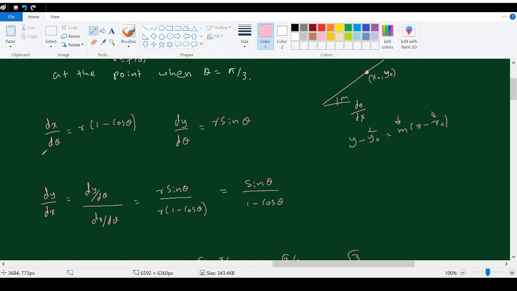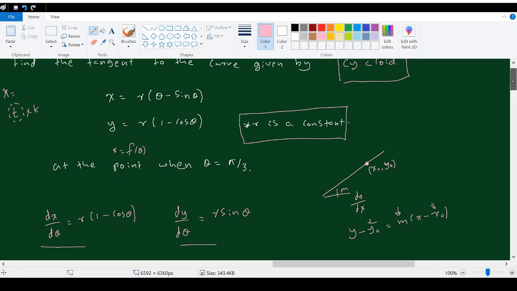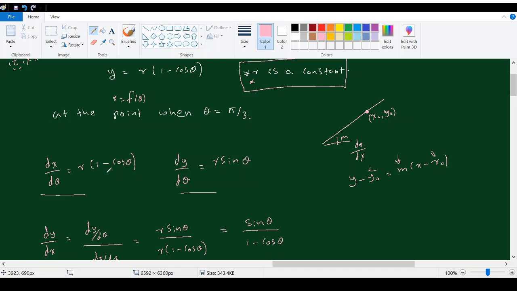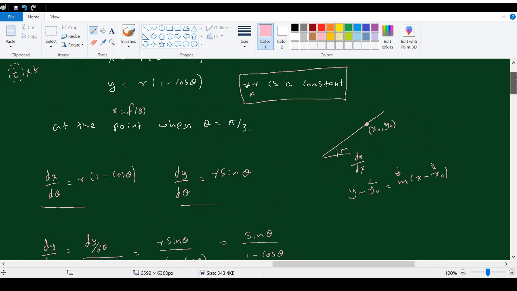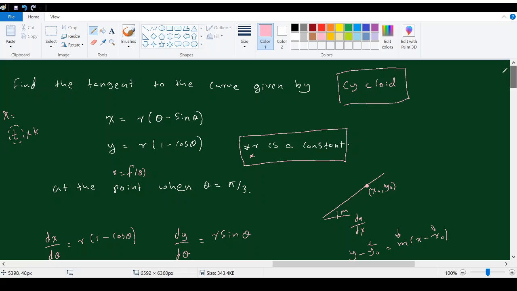You can see that the derivatives of x and y with respect to theta can be written like this because of this relationship. And remember, r is a constant, okay? Then by plugging in the values appropriately, you can get the relationship for dy by dx in terms of theta.